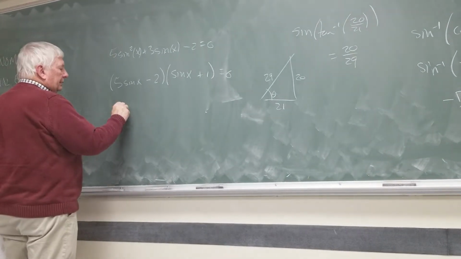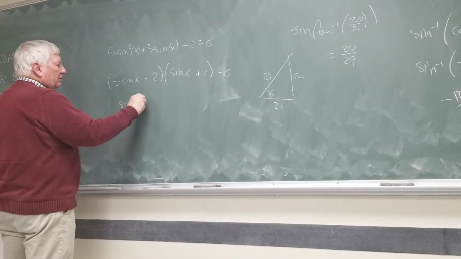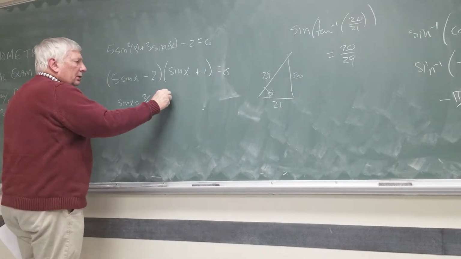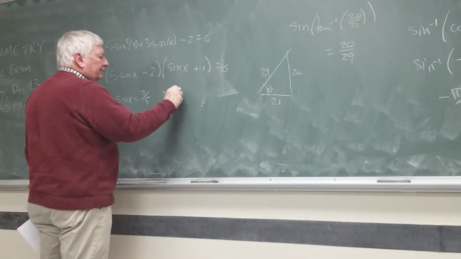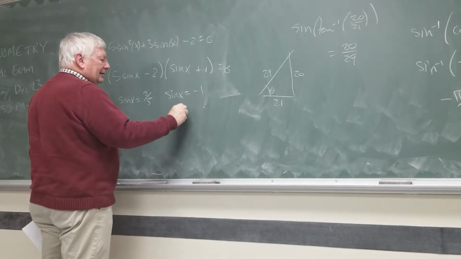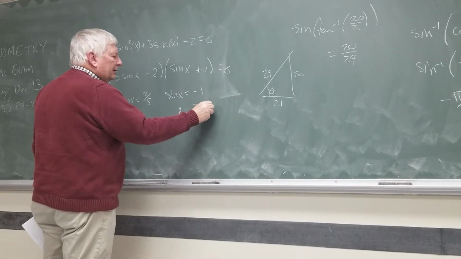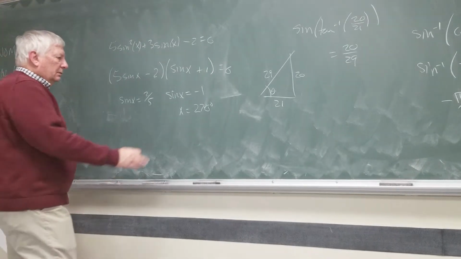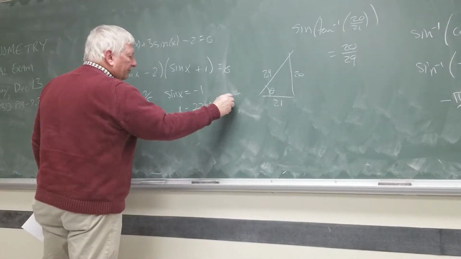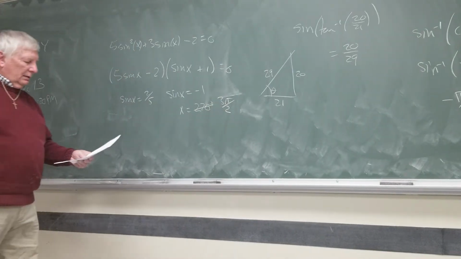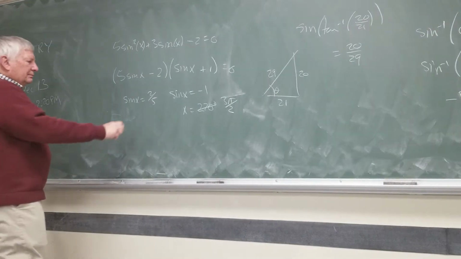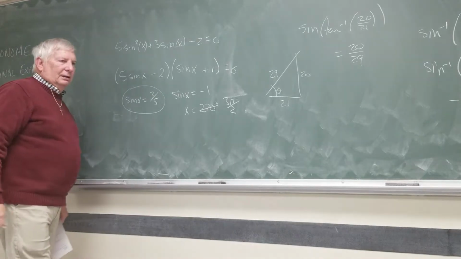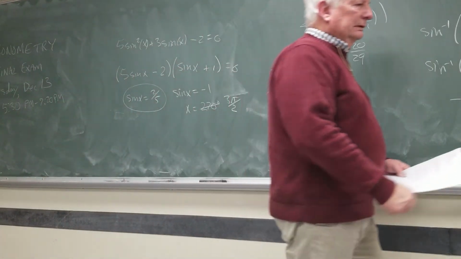So sine of x is equal to 2/5, or the sine of x equals negative 1. This says x is 270 degrees. Does it say radians or? Oh, okay, 3 pi over 2. And this one we have to use our calculator for.